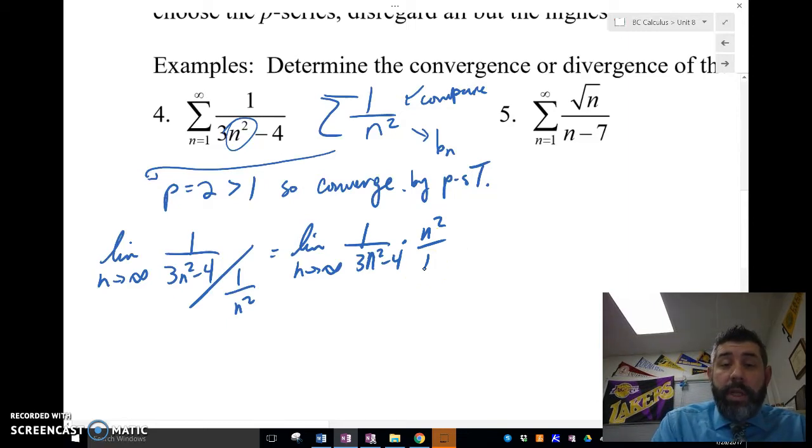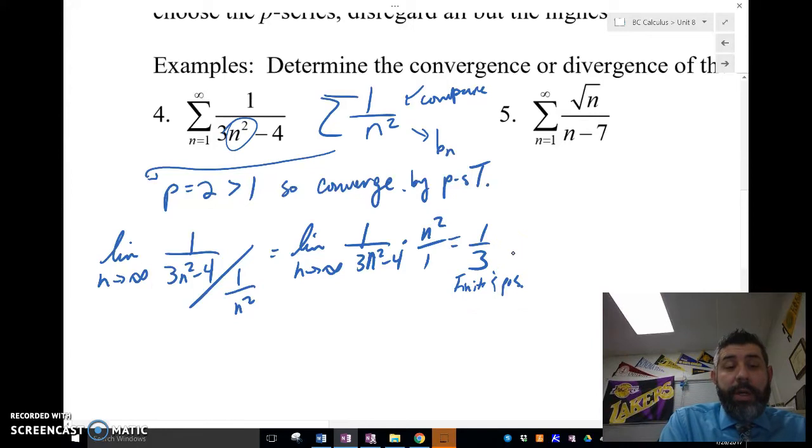The limit of n squared over 3n squared minus 4 as n approaches infinity is just a horizontal asymptote. Those are even, so that's going to be 1/3. This is finite and positive. It equals L, which is great.